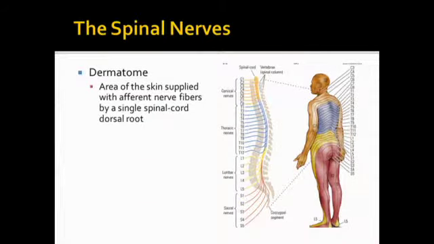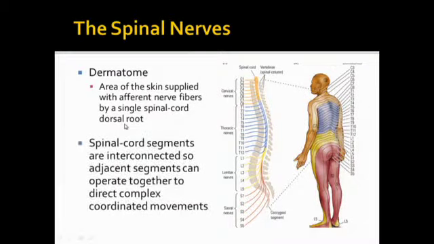Each spinal nerve makes contact with a very specific part of your skin, and this is called the dermatome. All over the surface of our body, you can imagine a map of individual dermatomes. That's the area of the skin that is supplied with afferent nerve fibers by a single spinal cord dorsal root.